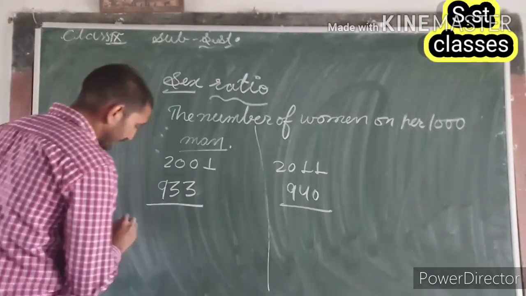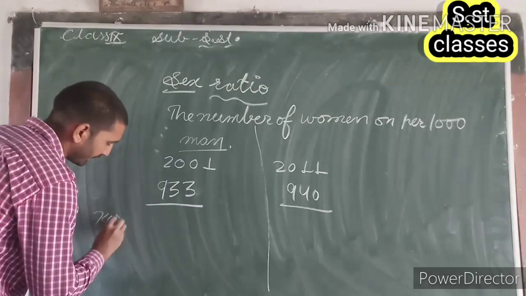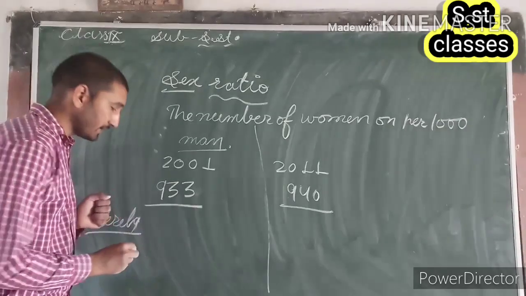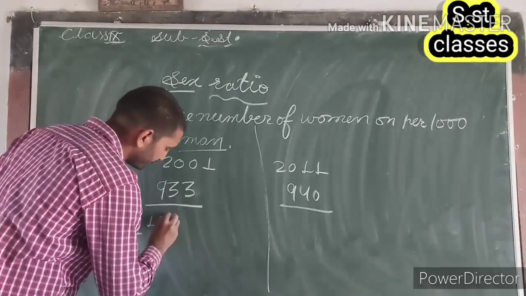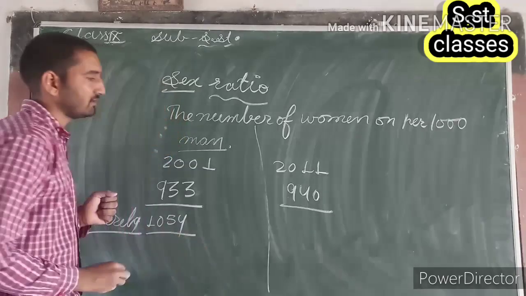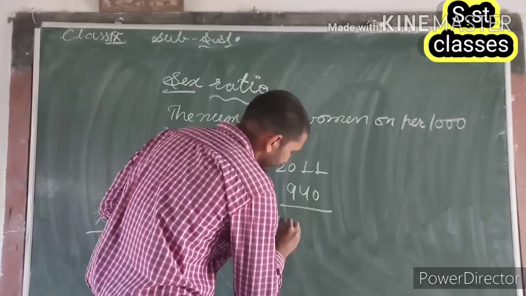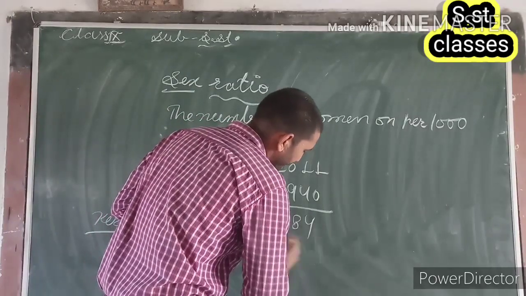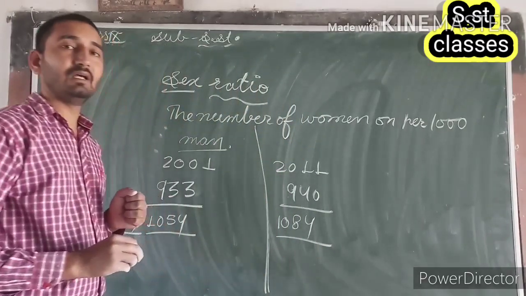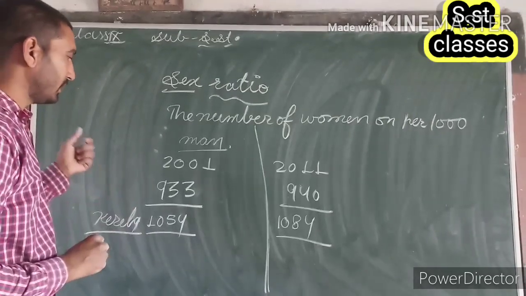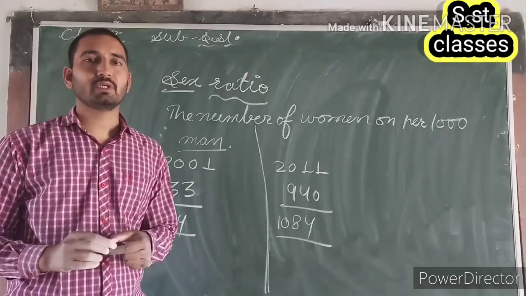Along with that, if we talk about the state with highest sex ratio, then it is Kerala, which is nearby 1054 in 2001 and increased to 1084 in 2011. So this is the state with highest sex ratio in the country.